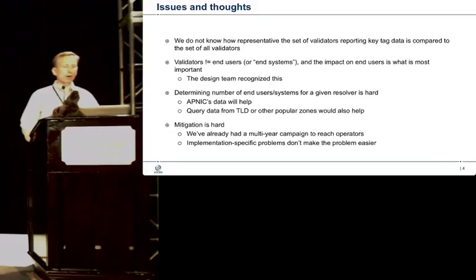So, however, determining the number of end users corresponding to a given validator is not an easy problem. We spent years when I was at VeriSign working on this, and were never particularly successful, or at least I was never happy with the results, so it's hard. APNIC has some great data about eyeball popularity of resolvers, and so they've shared that data with us.